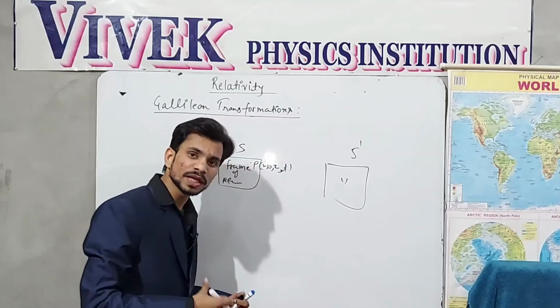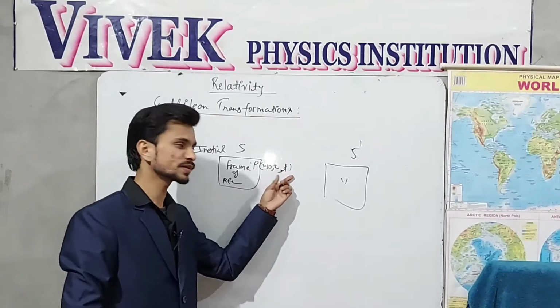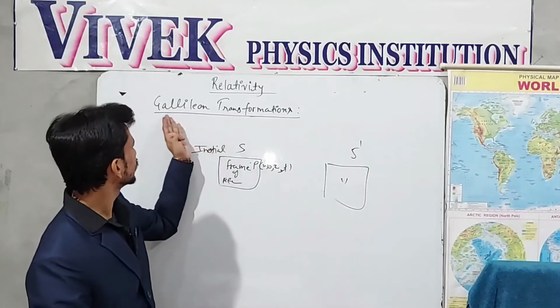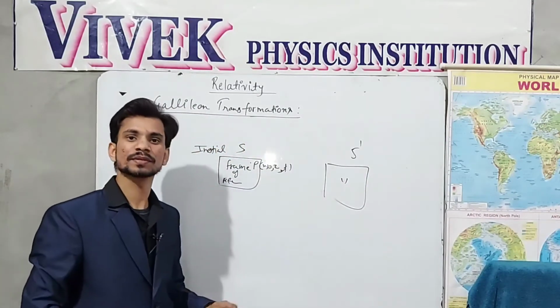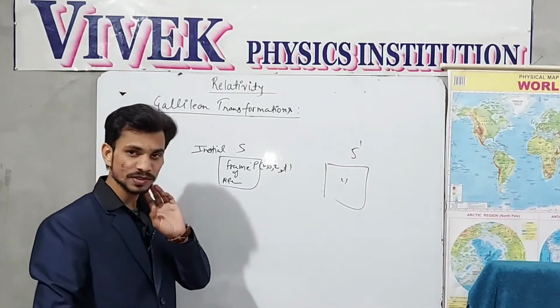And if we are interested to convert its space time coordinates into this frame of reference, then we will use the Galilean transformations. Okay, so let us sum up the use of Galilean transformation.